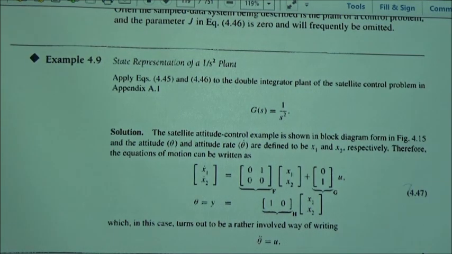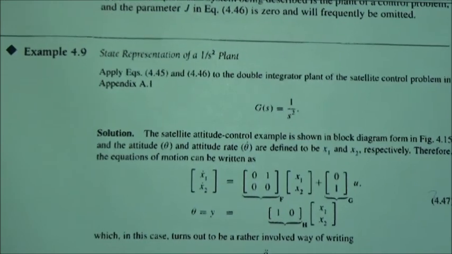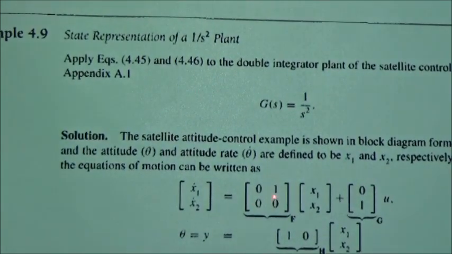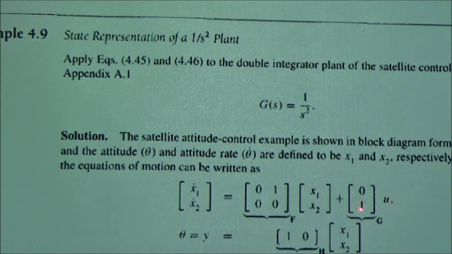From left to right, you have 1 over s and 1 over s. You have x1 dot equal to x2, which is 0 times x1 plus 1 times x2. x2 dot is going to be 0 times the states, because there is no additional term here, so it's going to be equal to u. x2 dot is equal to u.